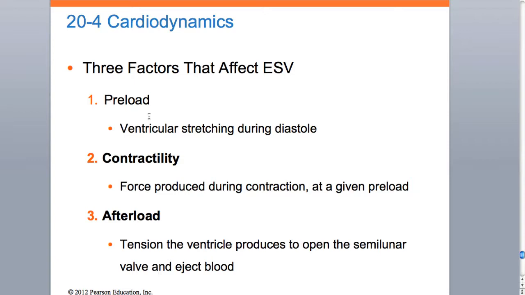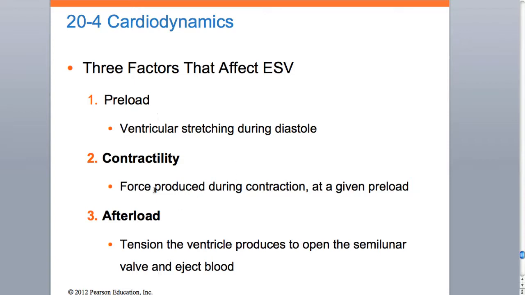Not only will it squeeze and have a force, but because of the elastic recoil, the heart will have a greater squeeze. If you had a liquid in a container that stretched like a rubber band a little bit, having that blood stretch the bag gives it that extra oomph during the squeeze. So preload is actually to some advantage.